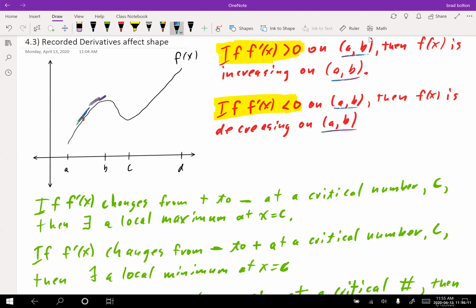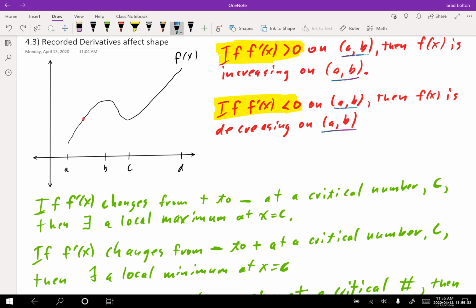All these slopes of these tangent lines are positive. And then all of these derivatives here are negative, right? So somewhere in there, they're saying there had to be a critical number.